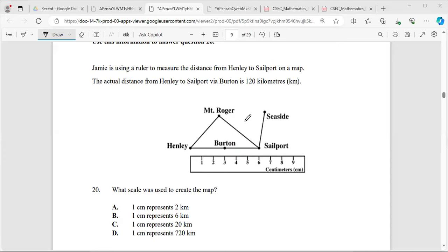Me and Lawrence, I agree with yours as well. It's scale, you know, guys, it's scale drawing. We should be able to do that. Somebody is saying they still don't understand 20.